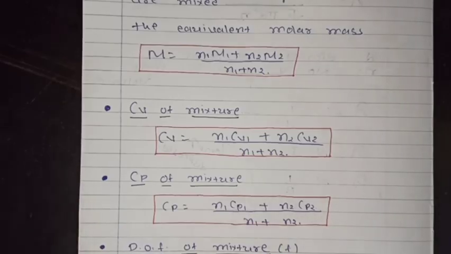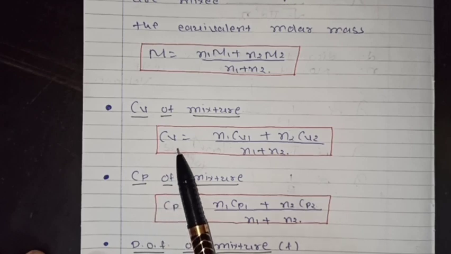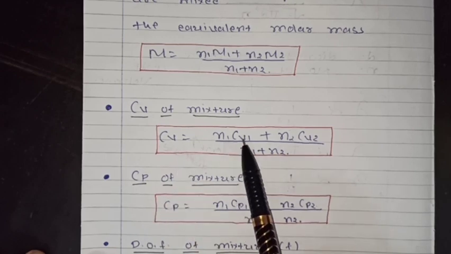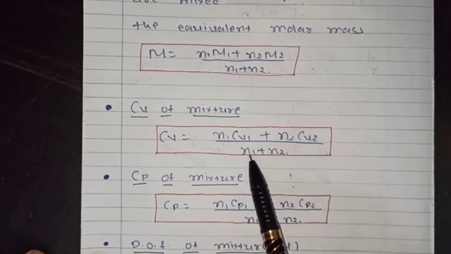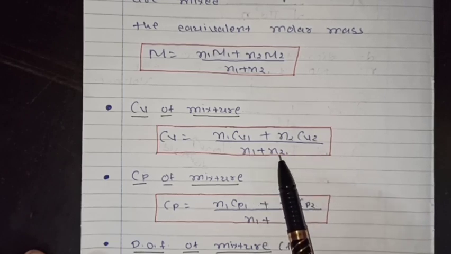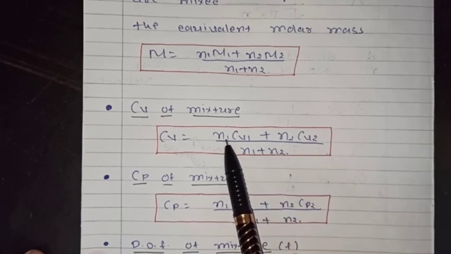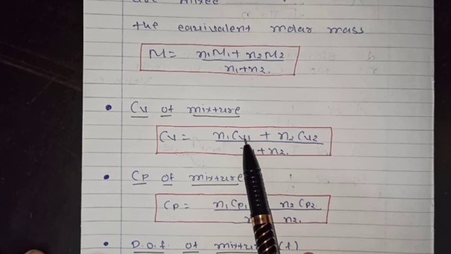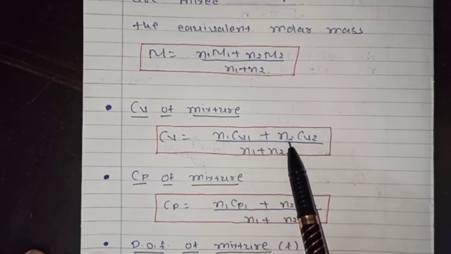Now we want to find the specific heat at constant volume, that is Cv, for the mixture. The Cv for the mixture is given by (N1 Cv1 plus N2 Cv2) divided by (N1 plus N2). Let's say we have taken N1 moles of diatomic gas and N2 moles of monoatomic gas.